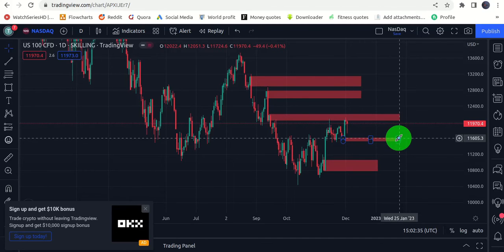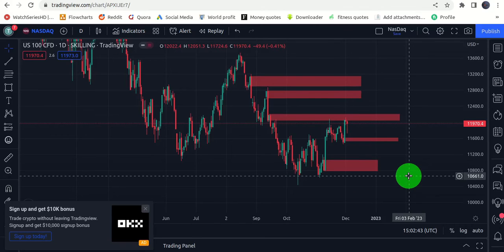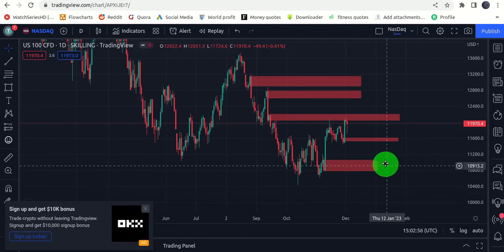That way it becomes easier for me, since I've seen this strategy play out. I've seen people on the internet drawing their order blocks in different ways, but this is how I draw mine.